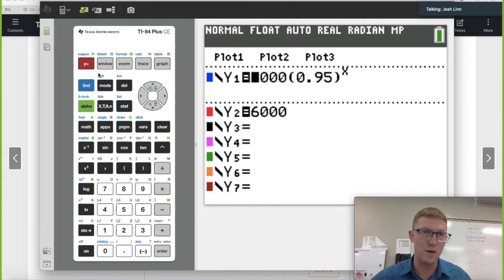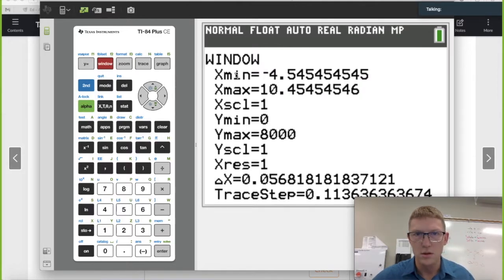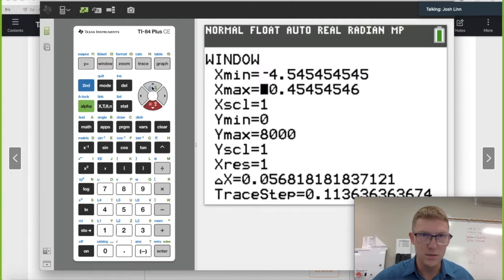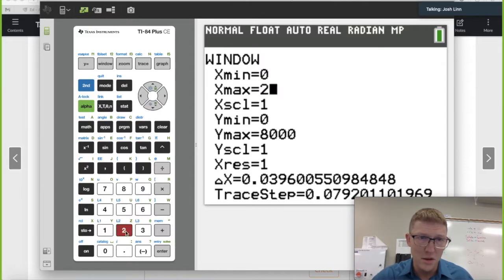That's why I'm picking that. Then our x minimum can probably be 0. I don't really know off the top of my head, so we're just going to try 20 and see where that gets us, and let's graph that.